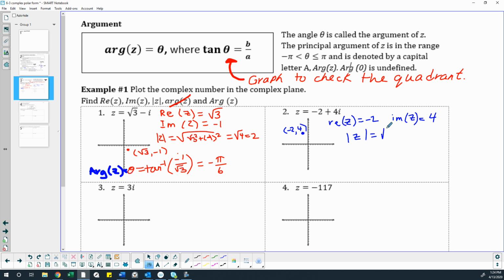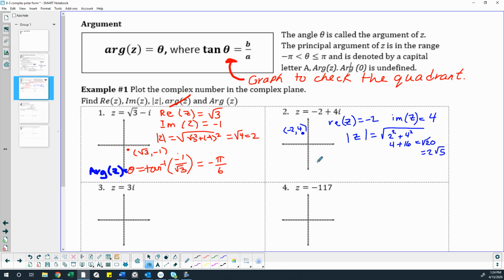So we have the square root of -2 squared, and -2 squared is the same as +2 squared, plus 4 squared. So that would be 4 plus 16, which is the square root of 20. And so that would be 2 square root 5 is our modulus.